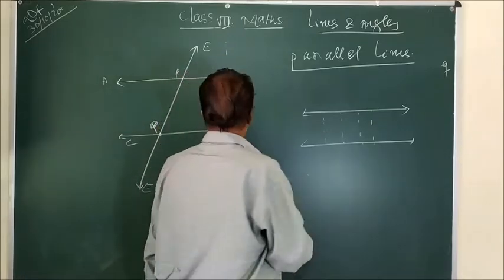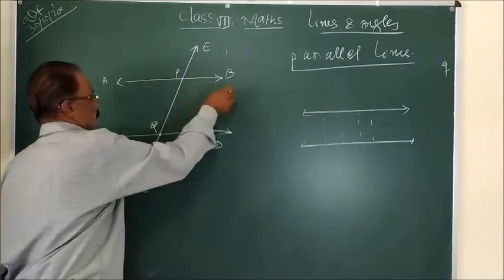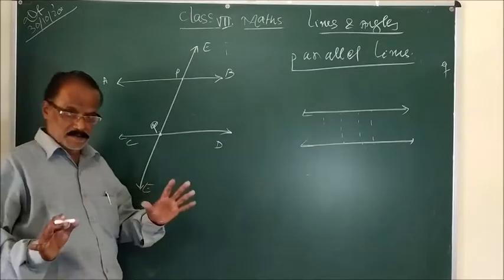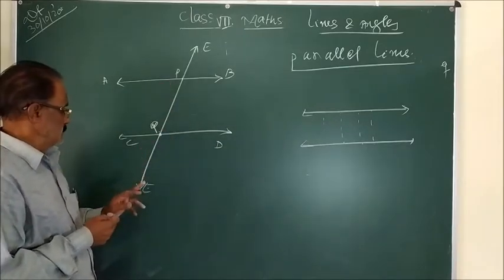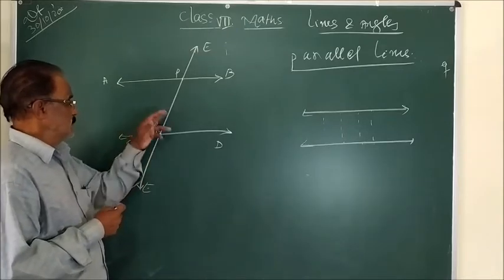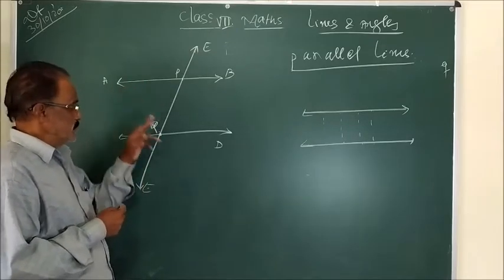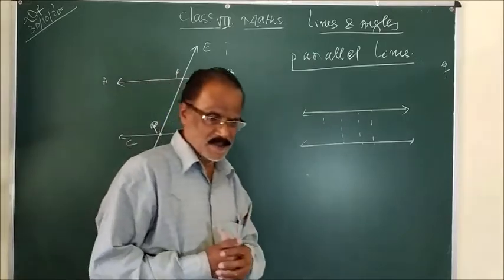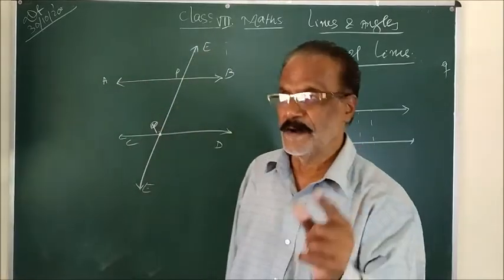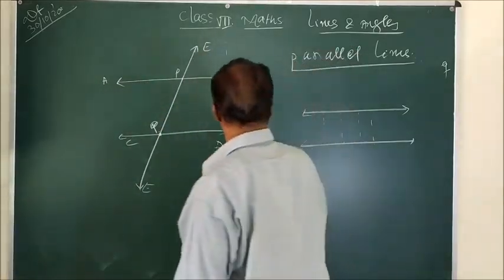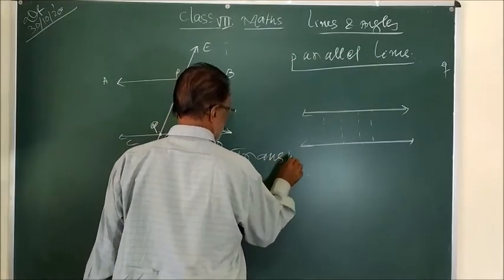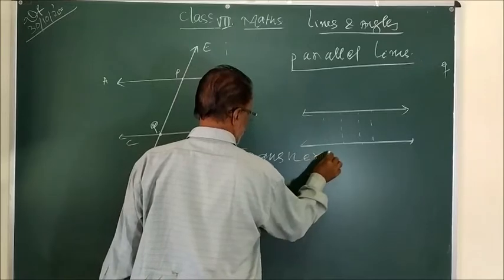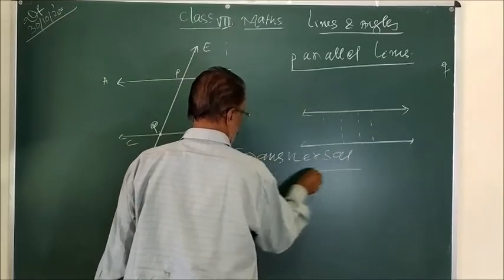Now you see in this figure, AB and CD are parallel lines. And this is another line, EF. And this line is intersecting these two parallel lines. This is called a transversal. What is it called? Transversal. So how can you define it? If you understand the term, you can also define it.